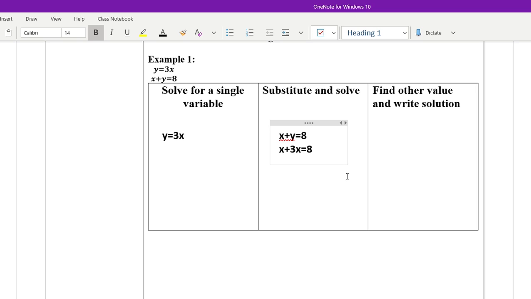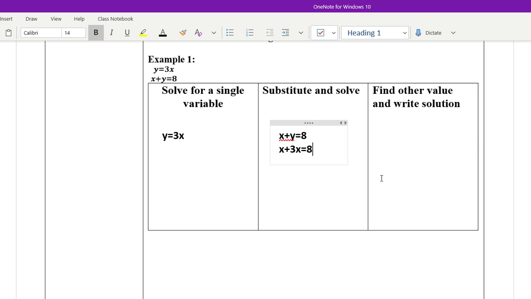And it still equals 8 to finish the equation. So all I did was take the equivalent value of 3x and replace the variable. The reason why we do this is now we have an equation with only one variable in the equation.